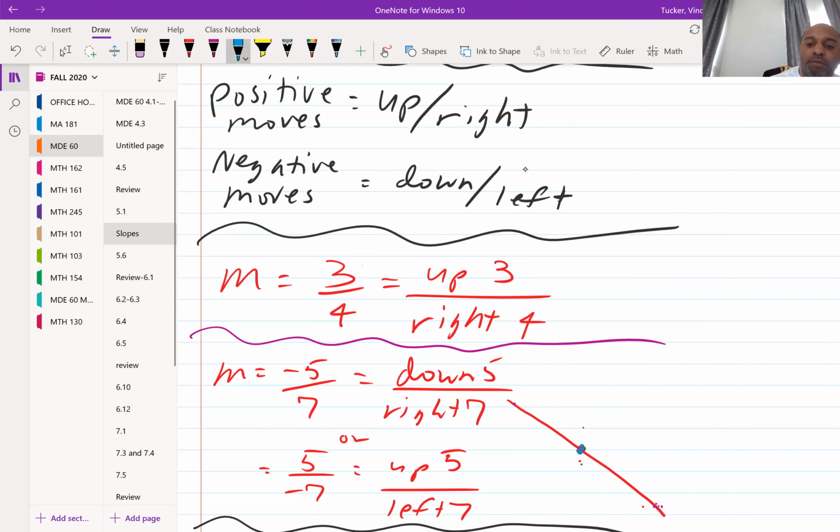If I have this point right here and I go down 5 and right 7, that'll put me right here. But if I go up 5 and left 7, that'll still put me right here, creating the same line. So either way, you'll be fine as long as you only give the negative to either the top or the bottom. You can't give it to both.